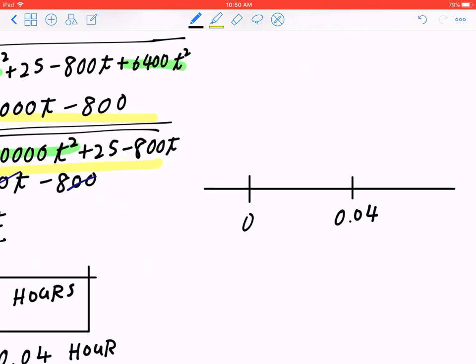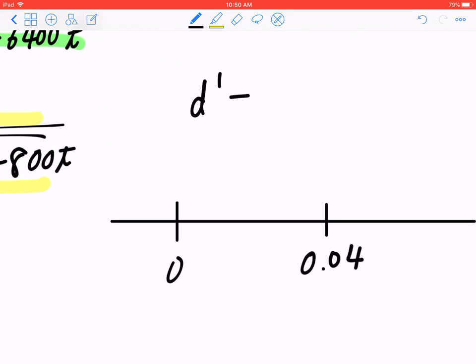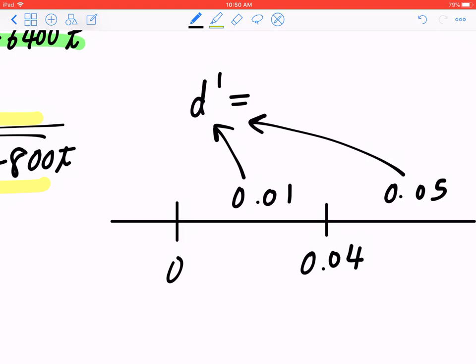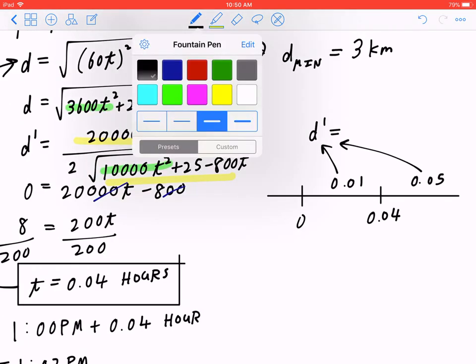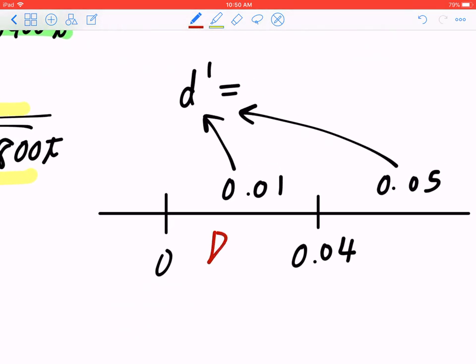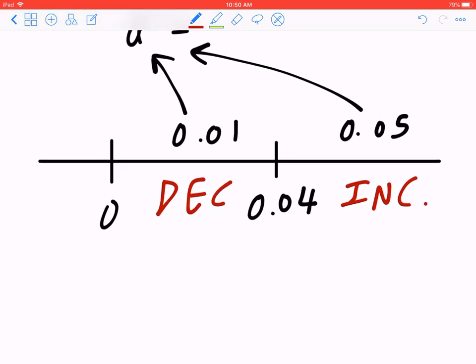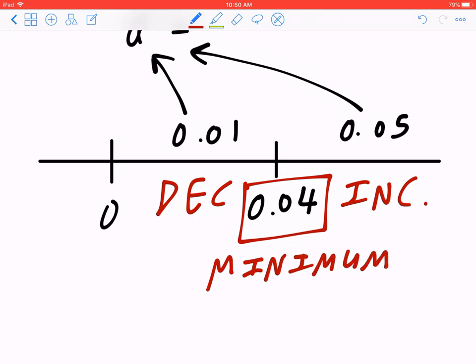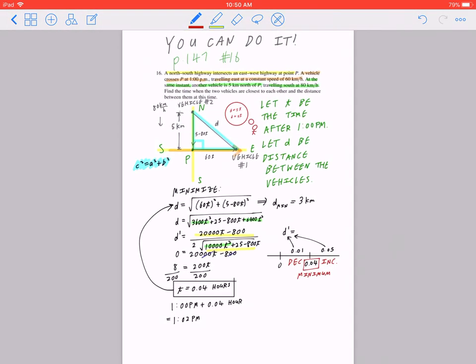What happens is if you take different numbers, for example, a number between 0 and 0.04, let's say 0.01, or a number greater than 0.04, let's say 0.05, and you plug it back in to the derivative, you would discover that this is negative, which is decreasing. This is positive, which is increasing. And if the function decreases, then continues to increase, this means the critical point must be a minimum. I hope this makes sense.